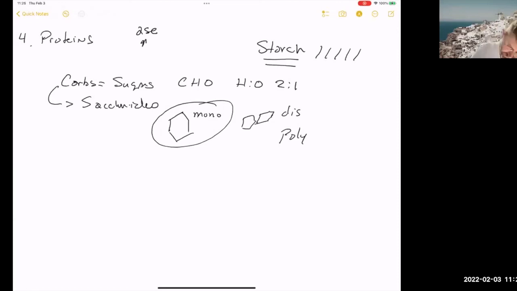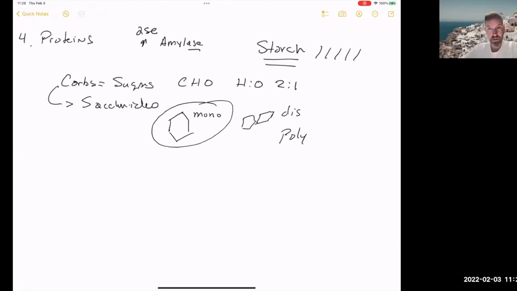ASE tells you that you're dealing with an enzyme, and there's an enzyme called amylase, and that breaks down these complex carbohydrates, these starches, into monosaccharides, right? So we can then absorb them and use them.